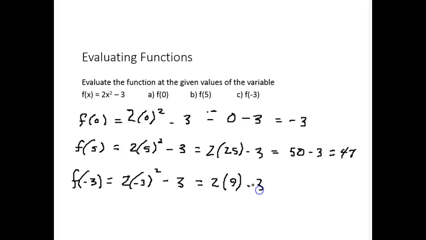Minus 3. 2 times 9 is 18. 18 minus 3 is going to give us 15. So f of -3 is 15. Remember, this is just a machine. Functions are machines. You are dropping a value into that function and seeing what it spits out. That's all we're doing there.